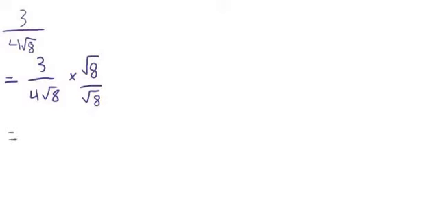So that will be 3 root 8 over, so for this one it would be root 64, because it's root 8 times root 8. We kind of ignore the 4 for now, but root 64 is a square number, so we simplify that down to 8, so it's 4 times 8. 4 times 8 is 32.